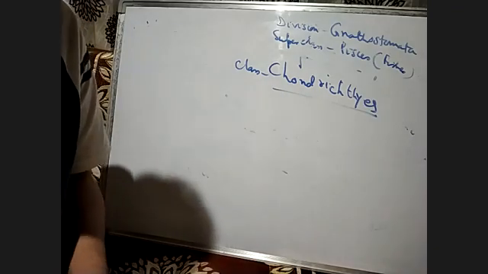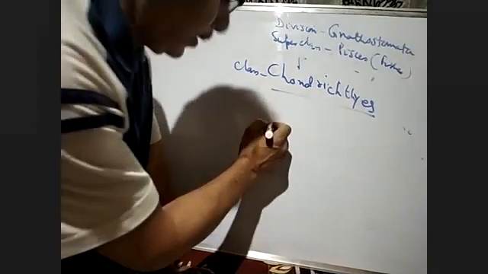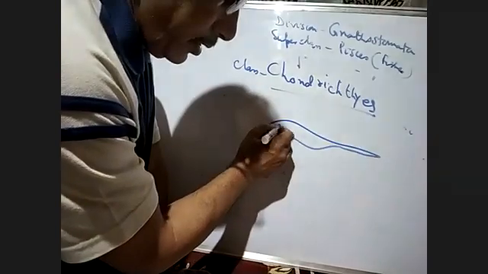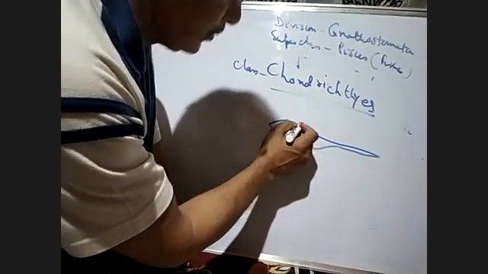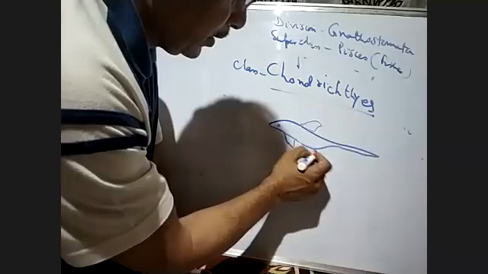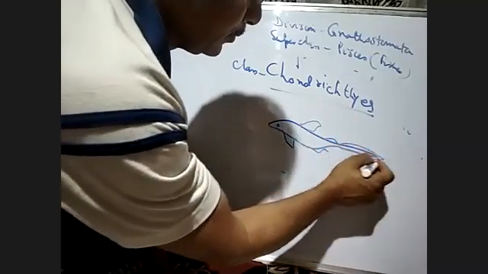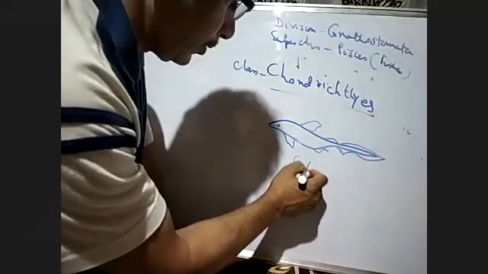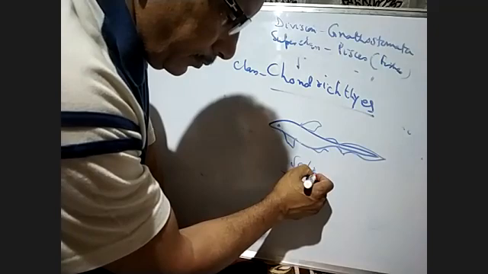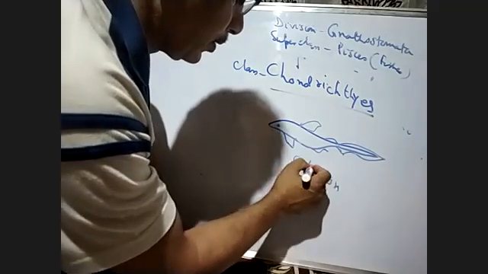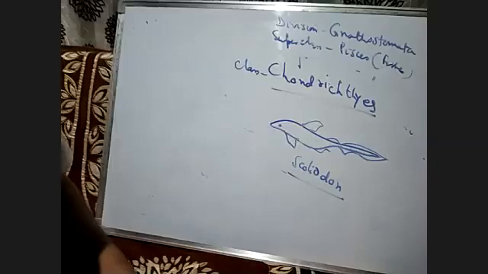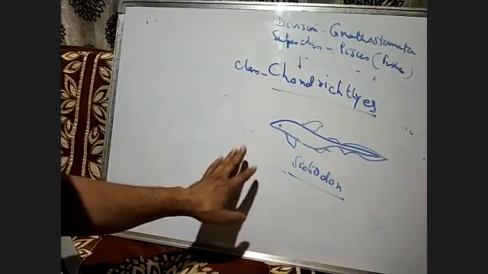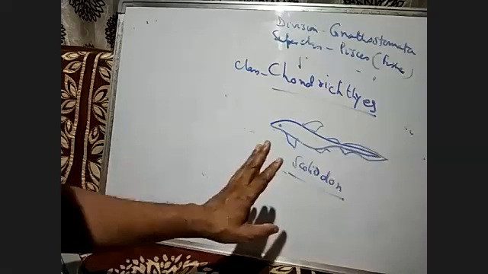If you look at the example given for Chondrichthyes, it is Scoliodon. What you find is that all the Chondrichthyes have a streamlined body and a cartilaginous endoskeleton.